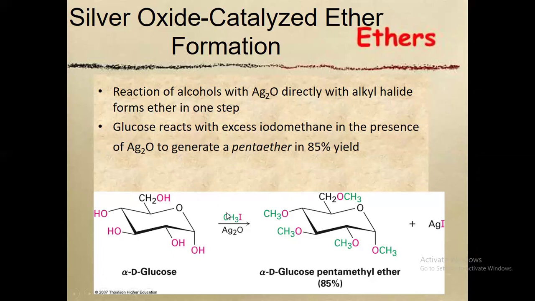That's what has happened here. The silver metal has replaced all the hydrogen, and then once you've done that, you bring your alkyl halide. It will replace the silver, the metal, so that you now have this ether. You can say all these are ether groups, by reaction of the CH3I and silver oxide.